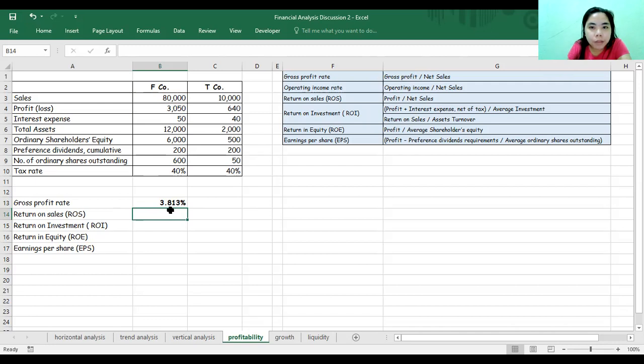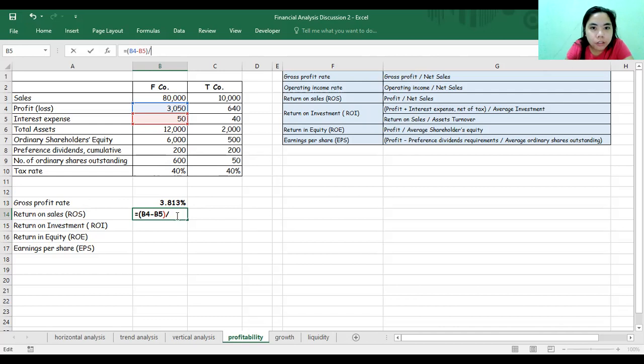Return on sales is profit over net sales. What profit did it use? Okay, so profit less the interest expense. And I assume this is profit before tax, so we don't have to deduct the tax now. It is indicated that there is a tax rate of 40%.